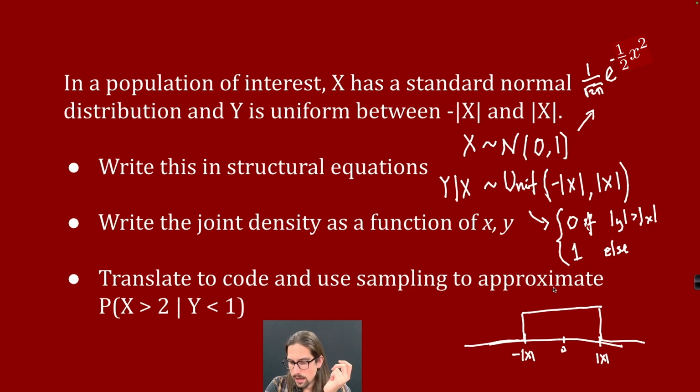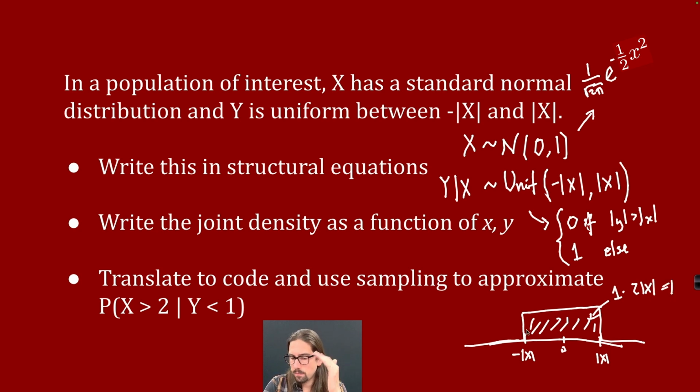The problem is, what's the area under the curve here? The area under the curve is the height times the length. So it's 1 times this length, which is 2 times the absolute value of x, and I need this to be equal to 1, which it's not going to be. So the height of this function can't be 1.